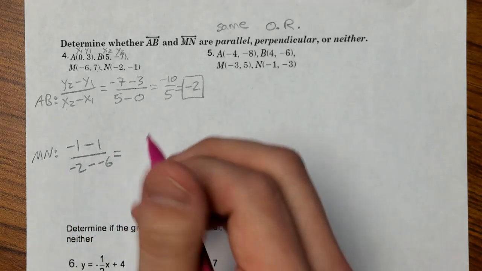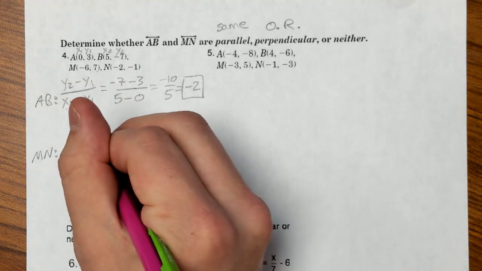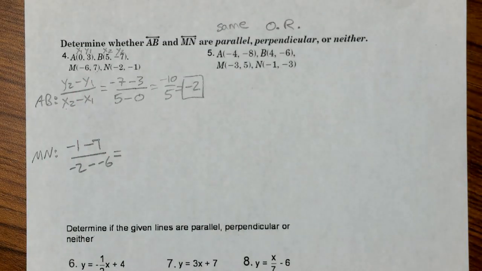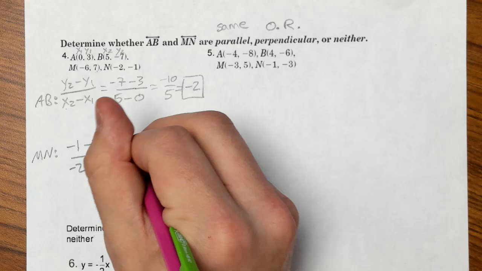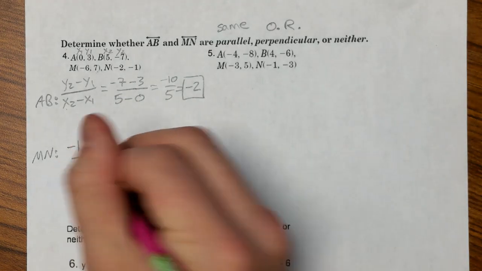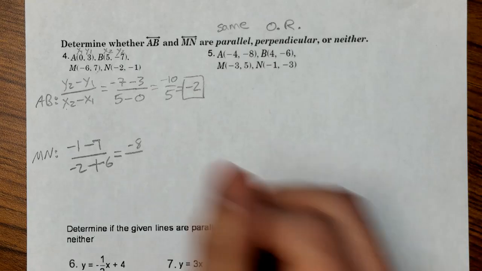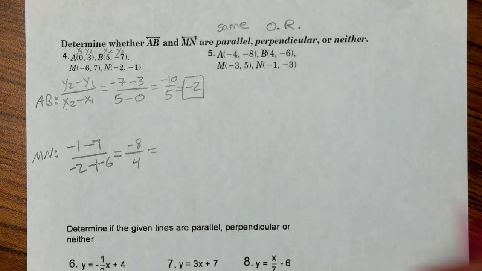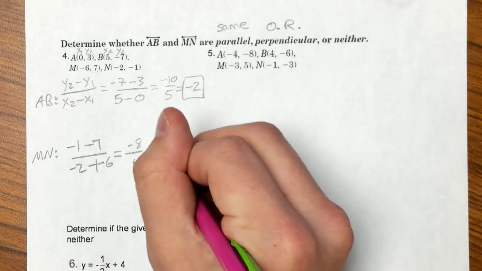Negative 1 minus 7, oh sorry, that was supposed to be a 7. Negative 1 minus 7 turns into negative 8. Negative 2 minus negative 6 turns into a plus, and that turns into 4. Well, negative 8 over 4 is also negative 2.